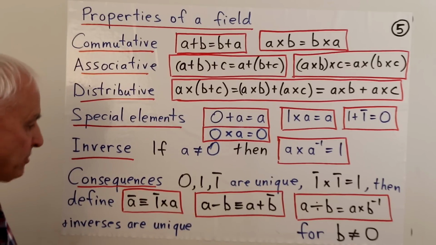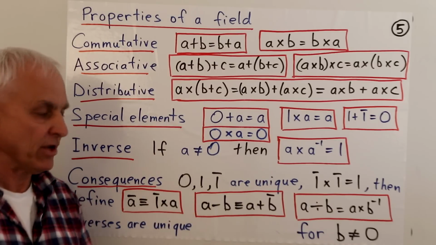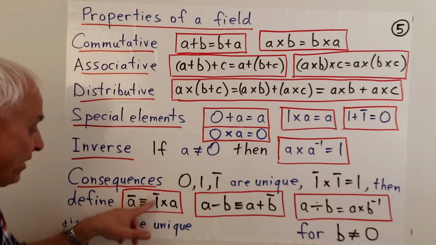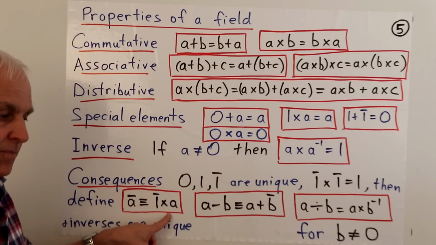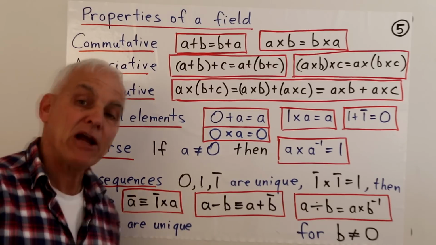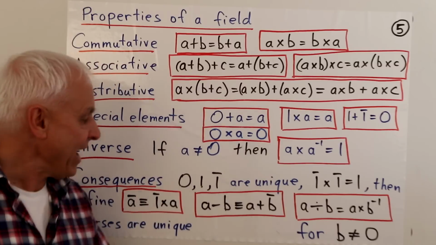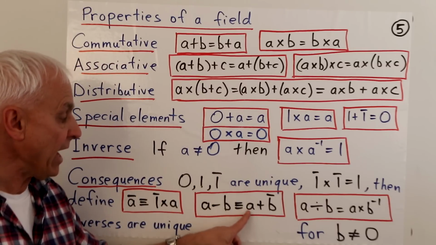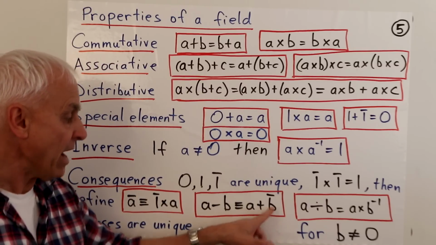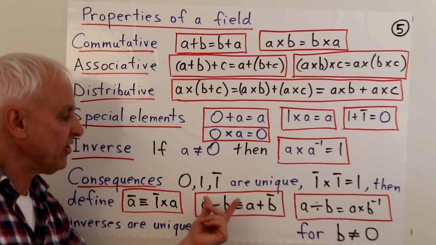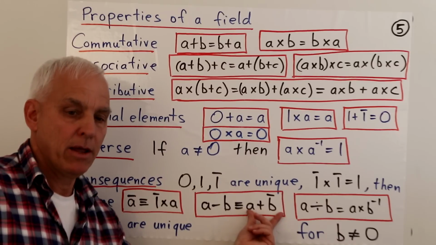And then you can use the existing objects to introduce some new things. So you can define minus a, or a bar, to be minus 1 times a. And then you can introduce subtraction as a kind of secondary operation. a minus b is by definition a plus minus b, or b bar. So the subtraction becomes dependent on the addition.